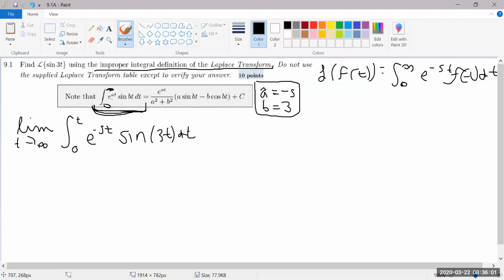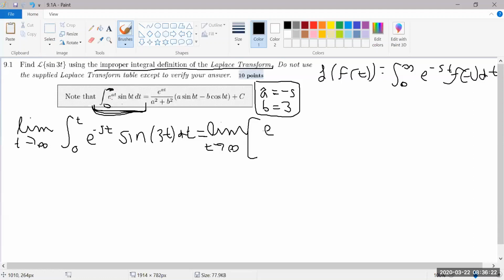Okay, so now that we've put our limit there, we can integrate. I use air quotes because we're already given the integration, which is really nice. So we can rewrite this as the limit as t goes to infinity of our integral.